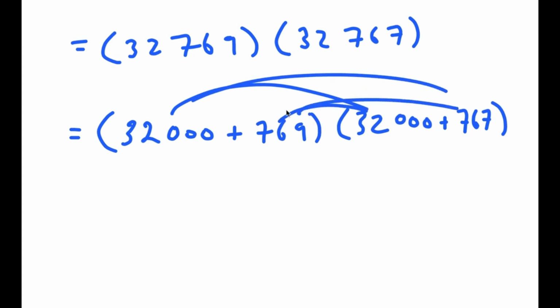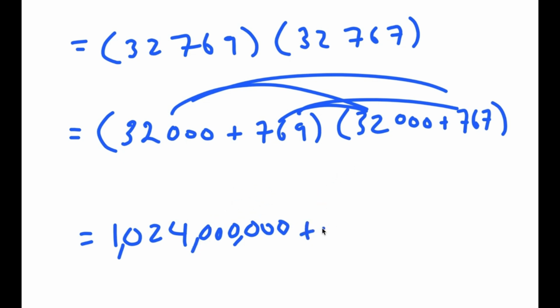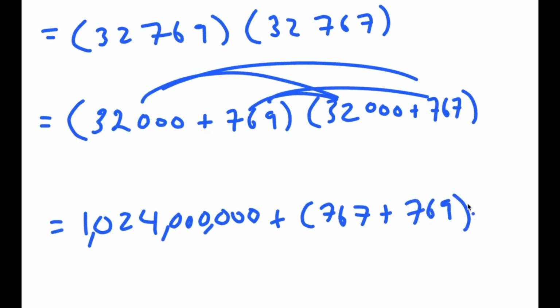So I get 32,000 times 32,000, which is equal to 1,024,000,000. And now I have this plus 32,000 times 767, plus 32,000 times 769.